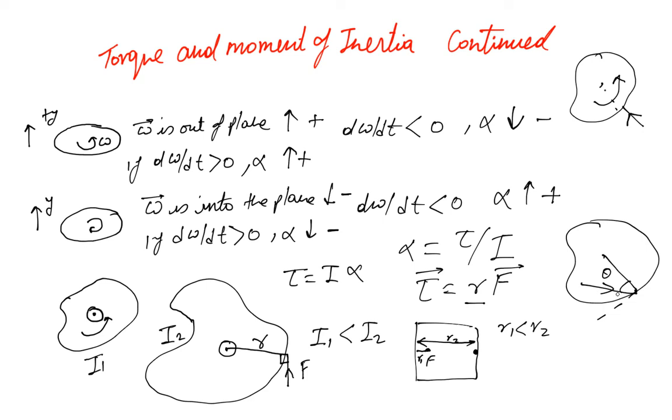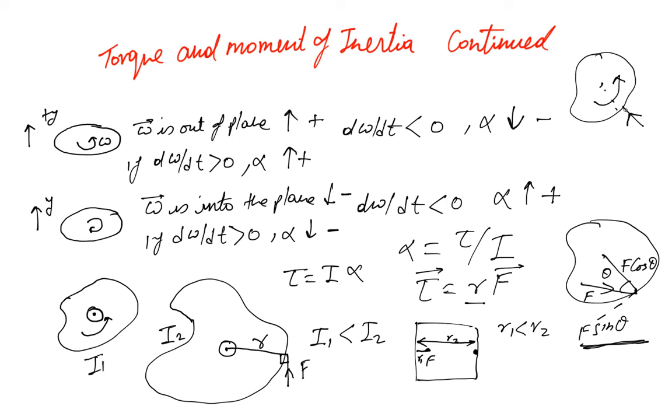So here, if this makes an angle theta and this is force F, you can break this vector into two parts. The way you define theta, this becomes F cos theta and this becomes F sin theta. It's only this part of the force that is going to make the system go round or move angularly.